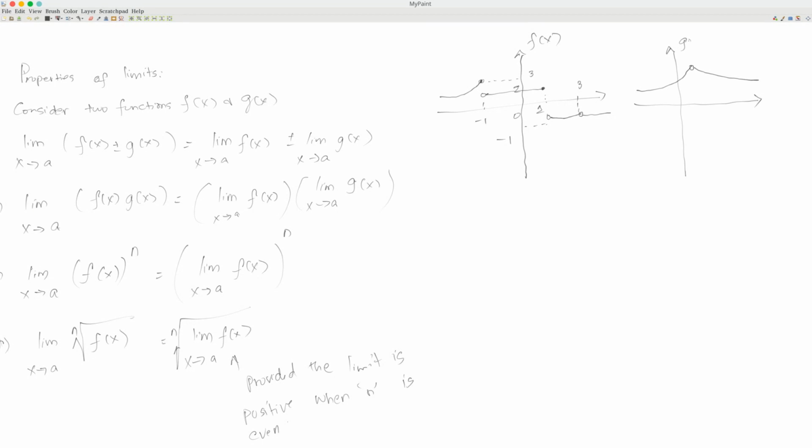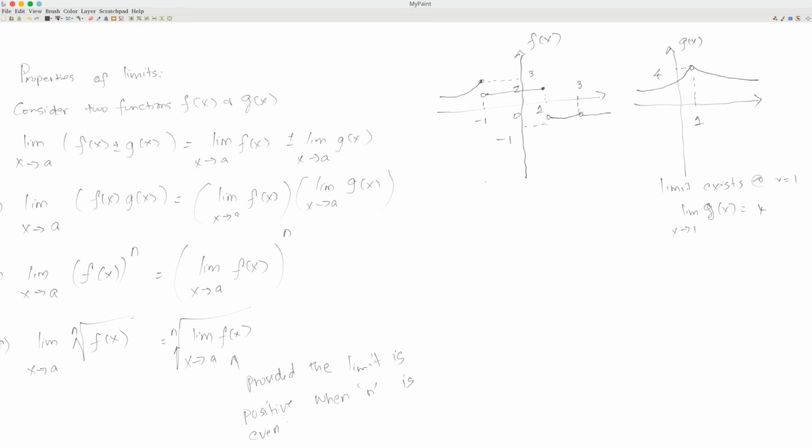That is g of x. Let's call that value 4, and that as 1. Notice the limit does exist at x is equal to 1, and that value is 4.